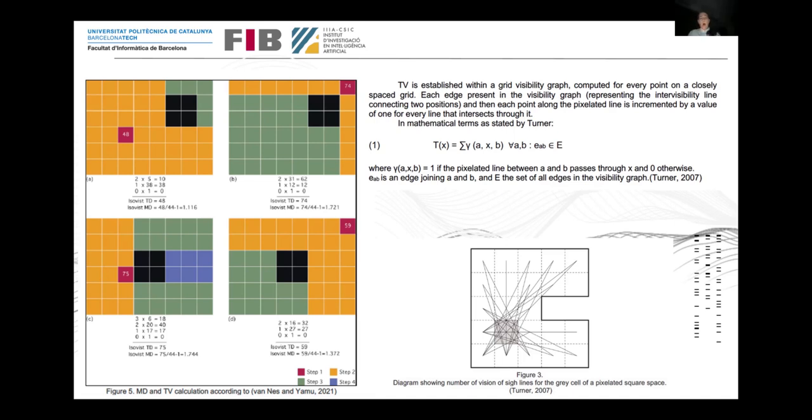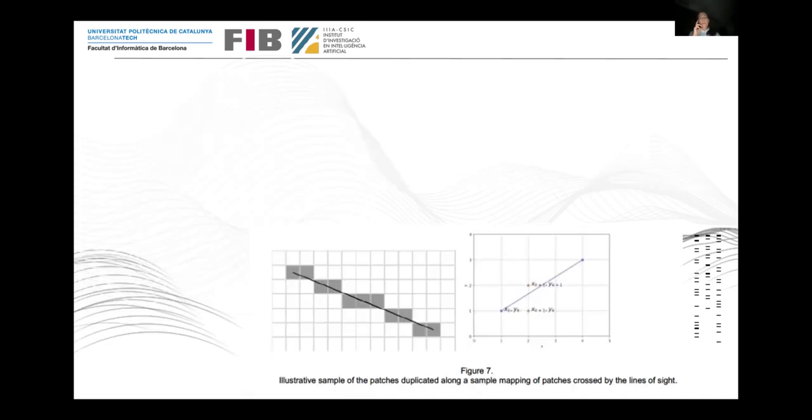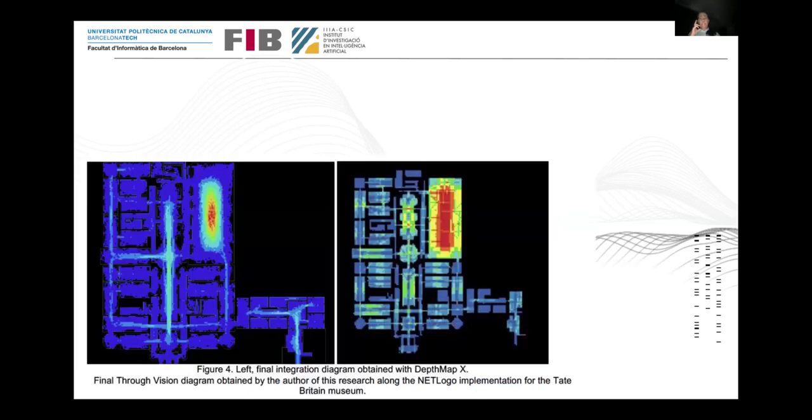So simple calculations, straightforward from his findings, were implemented. The Bresenham algorithm was also implemented when some visual lines from the agents were tackling different patches of the grid. And in the end, we are showing some results here.